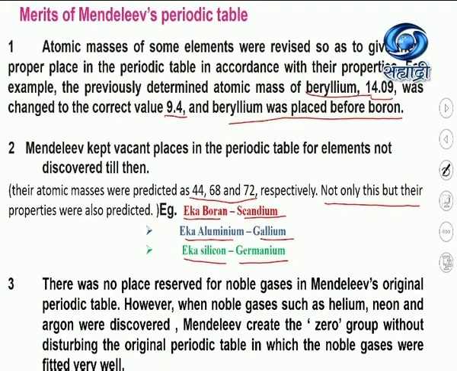The third merit: there was no place reserved for noble gases in Mendeleev's original periodic table. However, when noble gases such as helium, neon, argon, etc. were discovered, Mendeleev created a zero group without disturbing the original periodic table, in which the noble gases were accommodated very well.